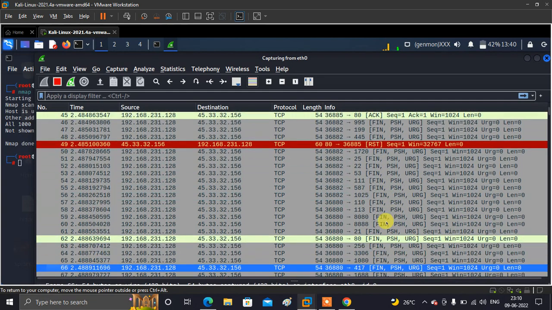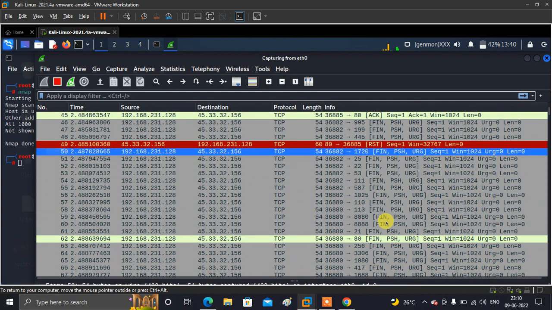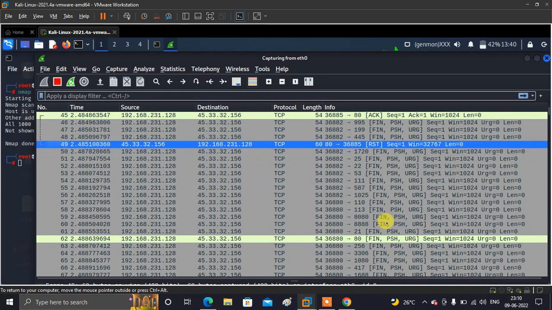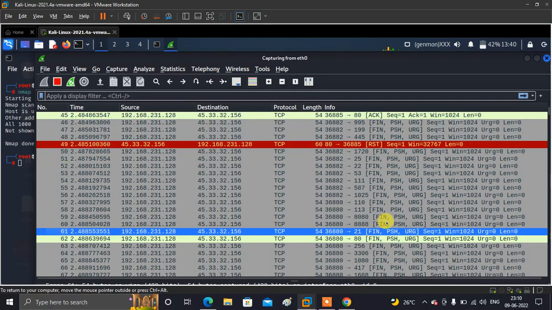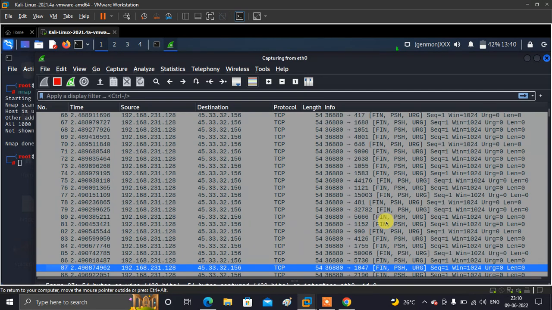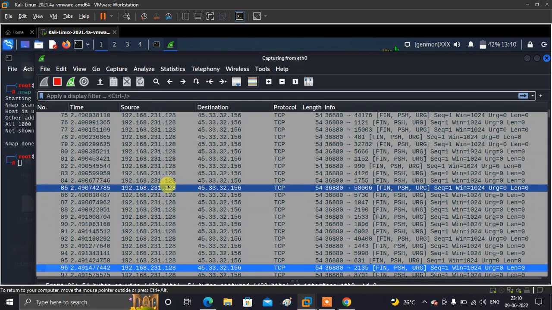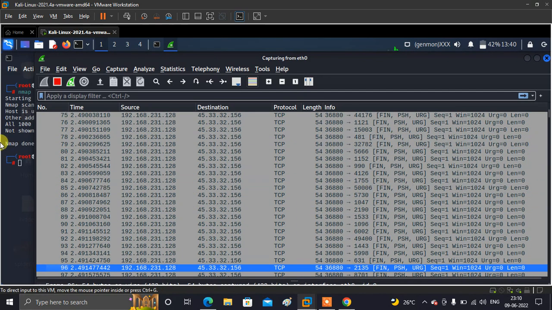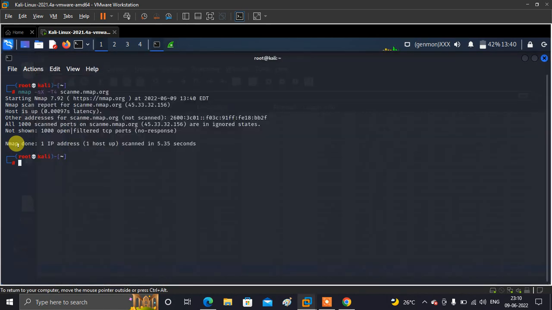If a port is closed, like port 36885 which is closed, that's why we are getting RST. Many of the ports are open, or filtered by a firewall, that's why we are not getting a response here. If the port is open, no response at all.